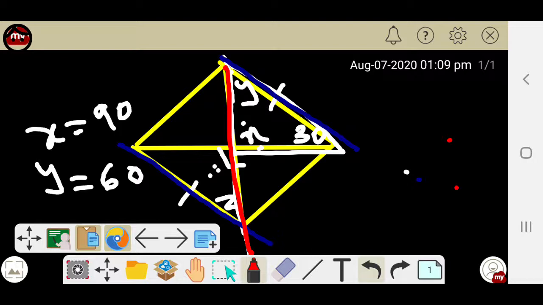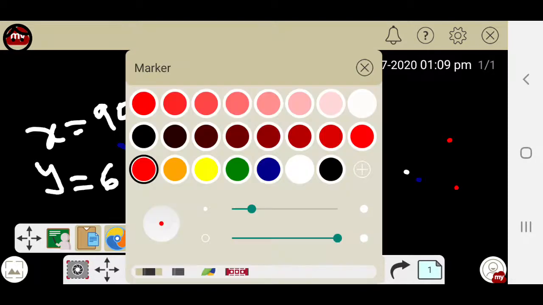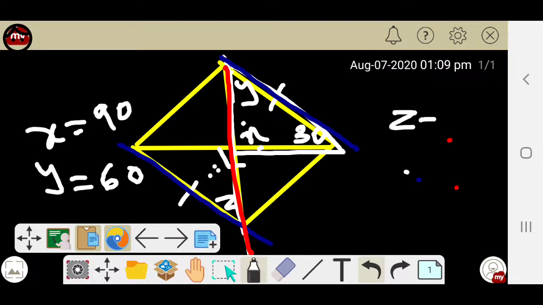Then what about y and z? Y and z are alternate interior angles. Alternate interior angles are equal. Then if y equal to 60, z also 60 because alternate interior angles are equal.